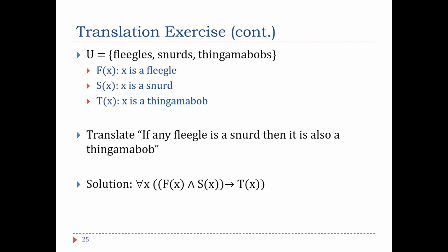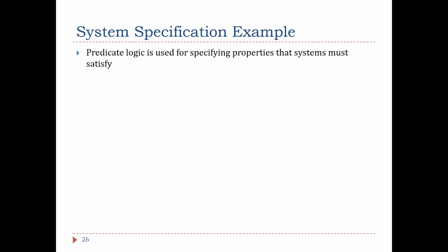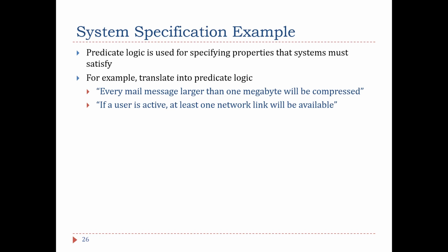Good. We can use predicate logic, of course, as we did with propositional logic, to express logical properties of systems. So imagine you have a mail system where every mail message larger than 1 megabyte will be compressed. And in that system, if a user is active, then at least one network link will be available.